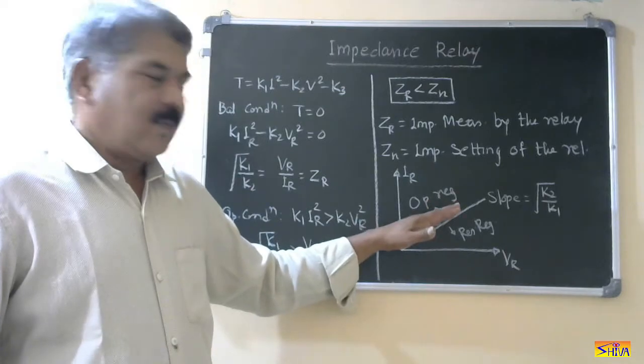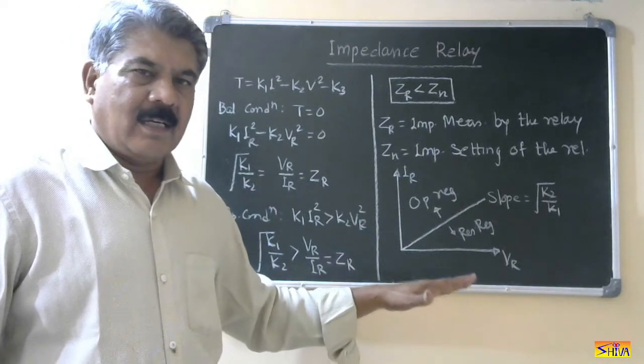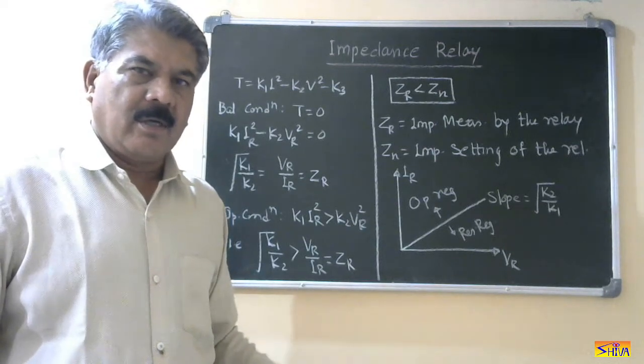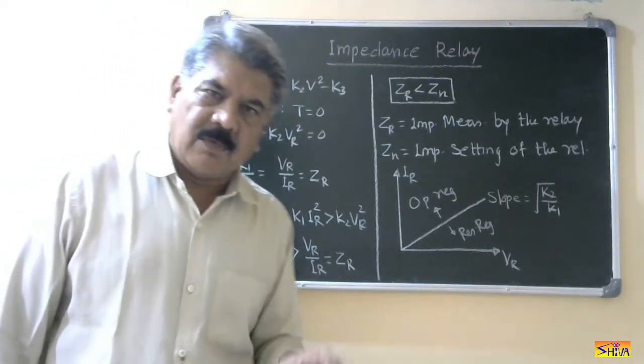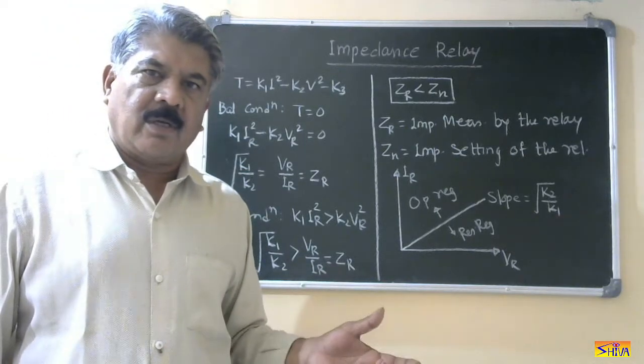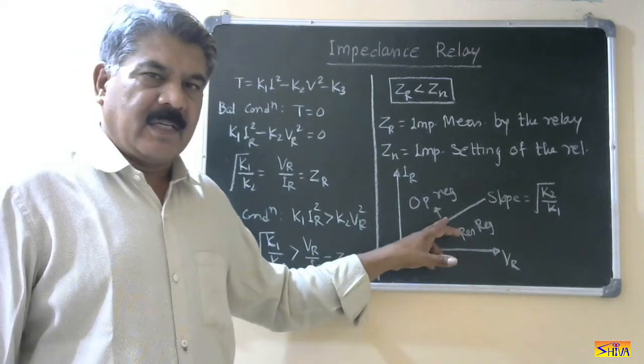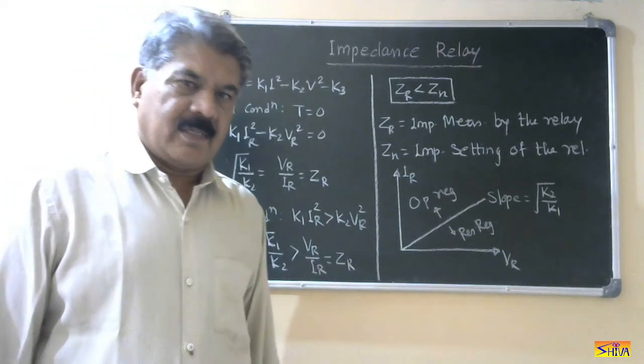Above this line, it will be operating region or positive torque region. Below this line, it will be restraining region or negative torque region. If we consider the mechanical relay, we can use the terminology of positive torque and negative torque. Otherwise, we have to use the terminology operating region and restraining region.